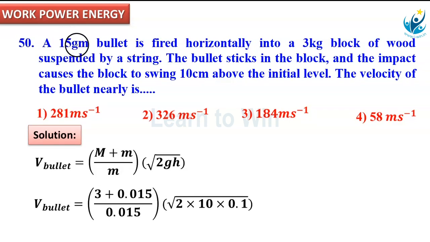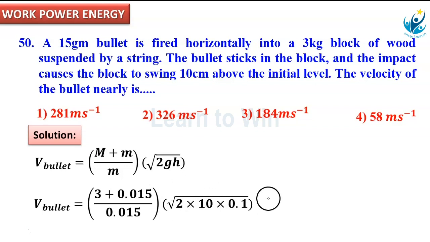Convert 15 grams into kg, 0.015, divided by the mass of the bullet, 0.015, into under root 2 into g into h. What height did it rise? 10 centimeter. 10 centimeter converts into meter, that becomes 0.1.